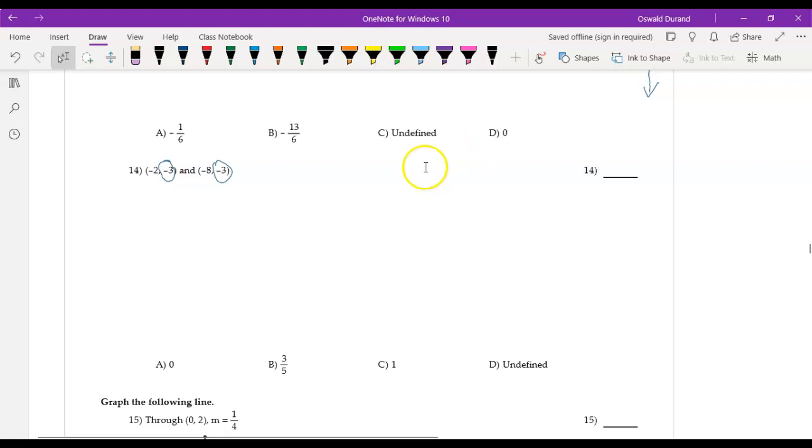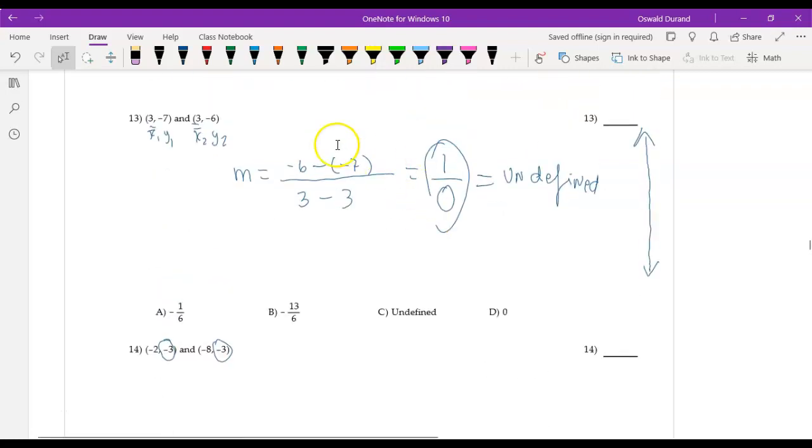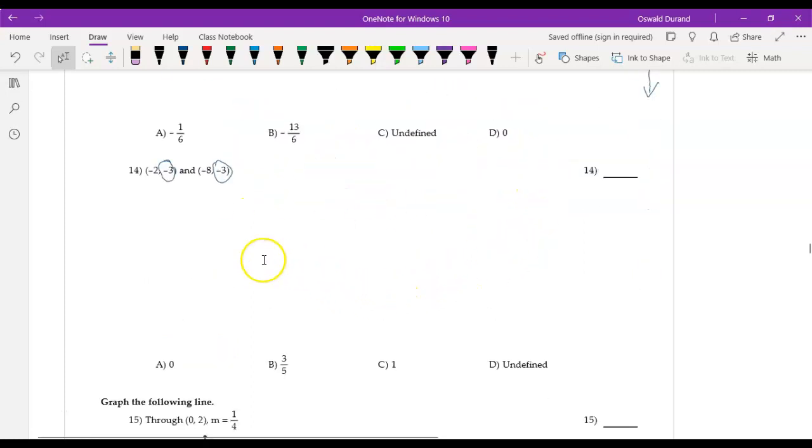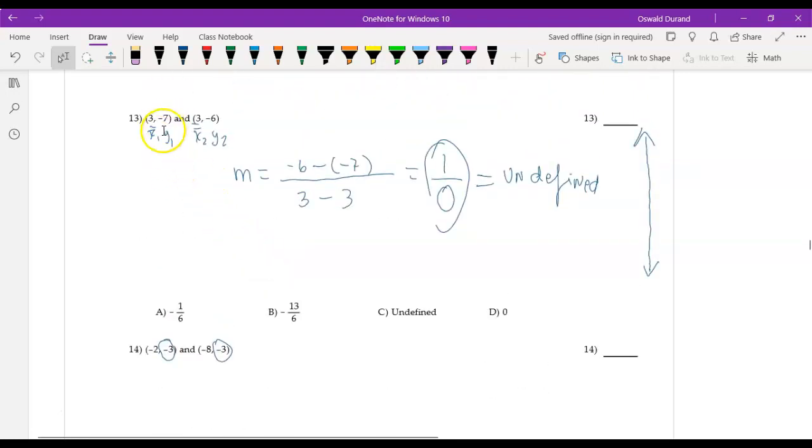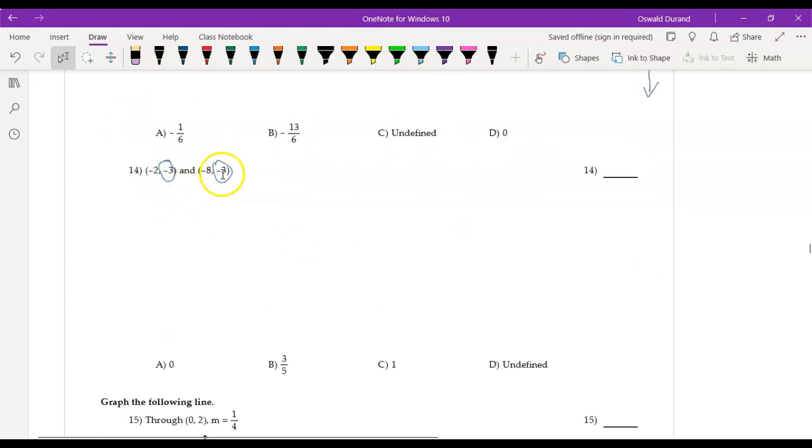So that's how you can recognize whether a slope is going to be undefined or equal to 0 by looking at the coordinates. If the x coordinates are exactly the same, with the same sign, then it's undefined. If the y coordinates of the points are the same, then you can say the slope is equal to 0 just by looking at it.